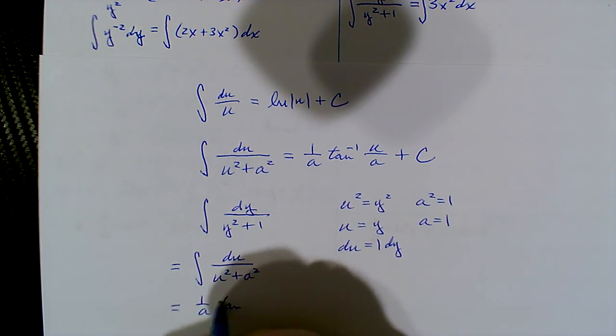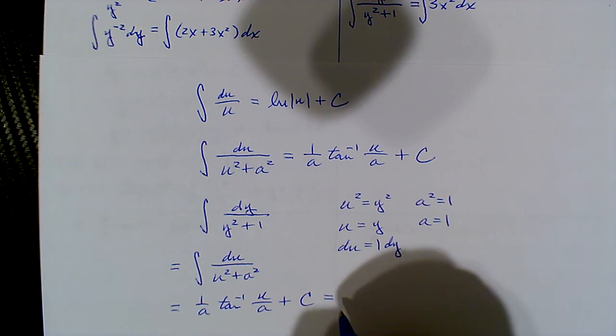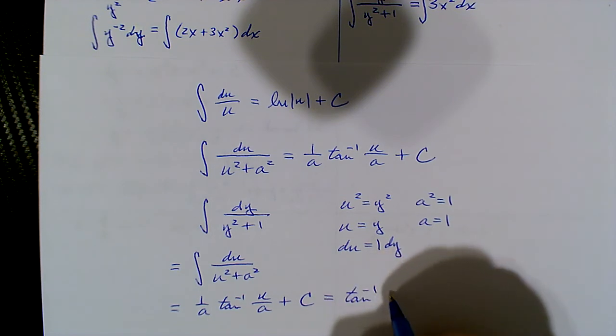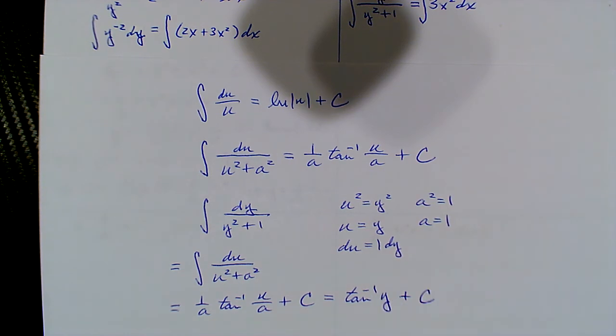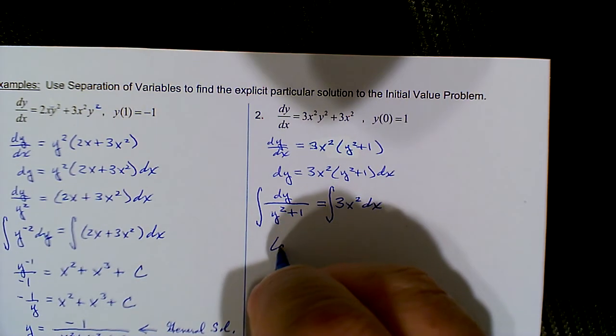Now for the particular solution, again we use the initial conditions. We're given that y of 0 is 1. So then 1 is equal to the tangent of just c, because if x is 0, that argument is just c.